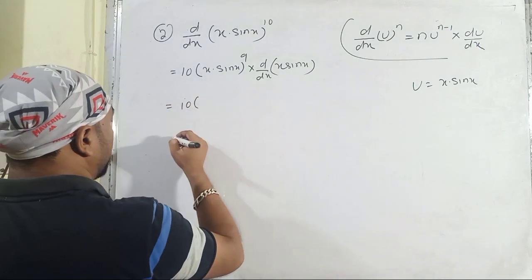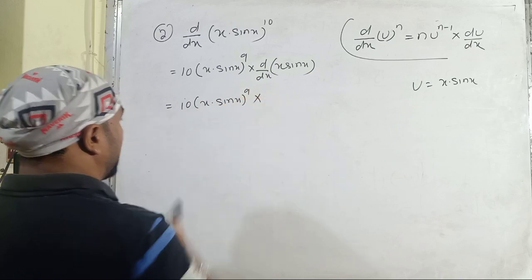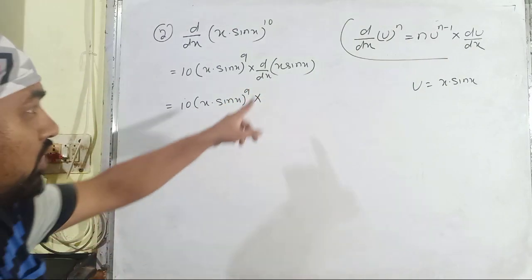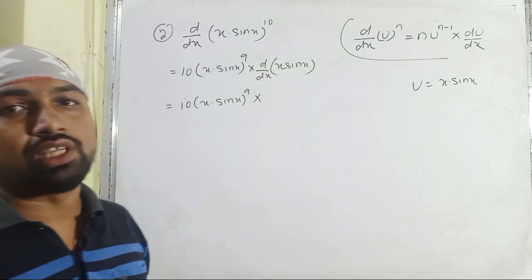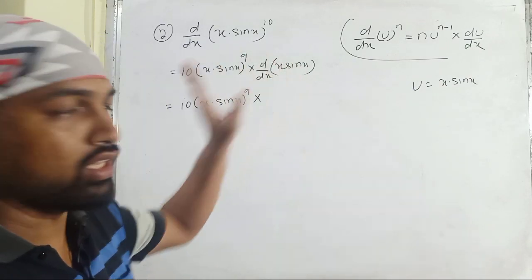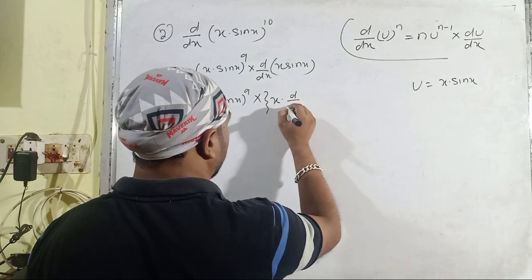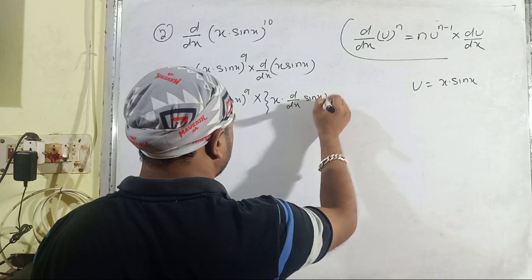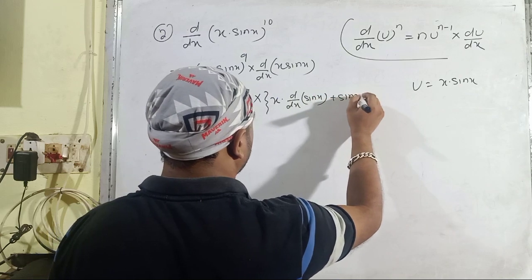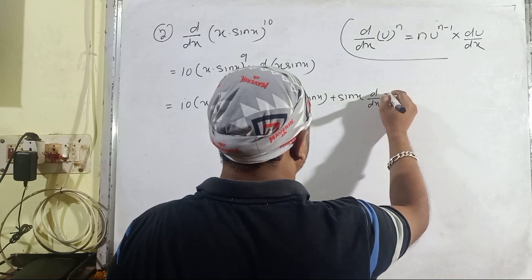So it will be 10 multiplied with x sin x whole to the power 9 multiplied with the differentiation of x multiplied with sin x. That means the product rule of differentiation will be applied here. So it is x multiplied with the differentiation of sin x plus sin x multiplied with differentiation of x.